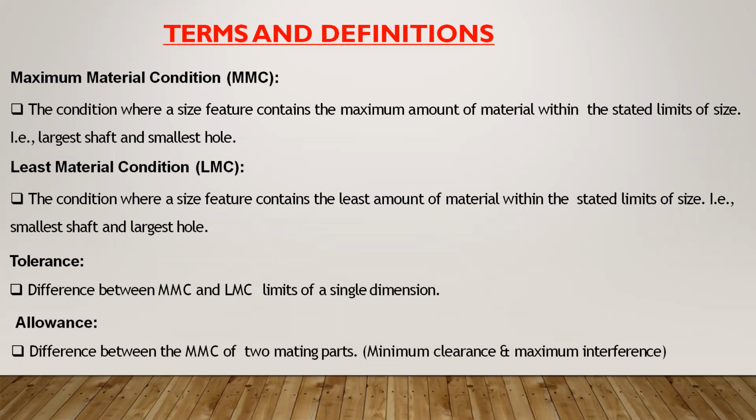Last one is the allowance between the parts. So allowance between the mating parts is the basic difference between the maximum material condition of the two mating parts. That is the minimum clearance and maximum interference.